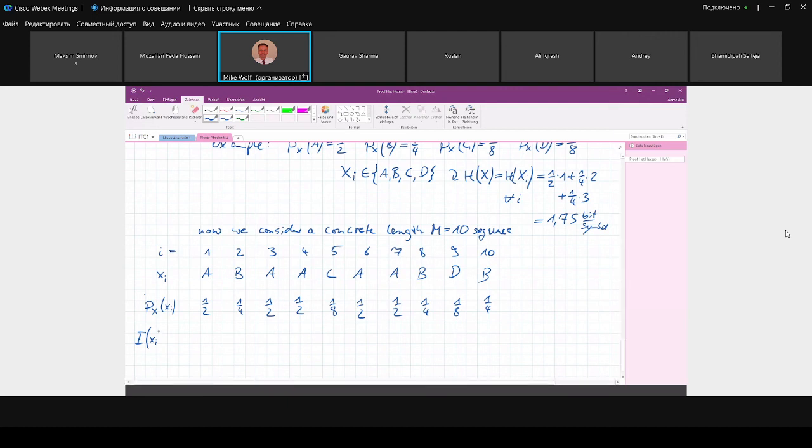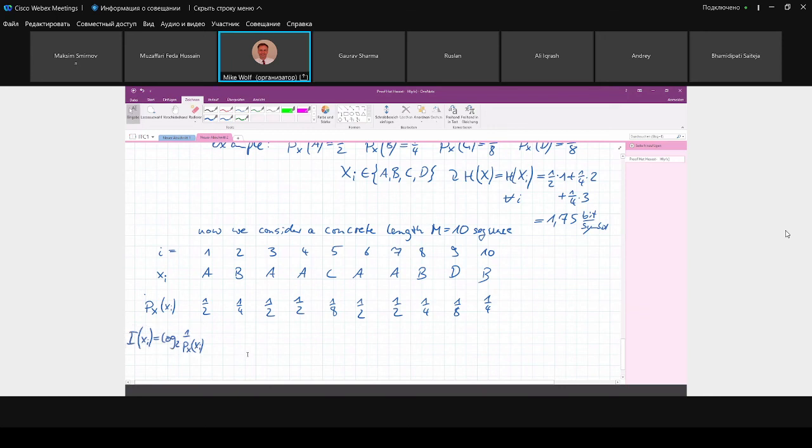So, you know this is log 2. Let's say I write this in order to skip the minus sign, P_X(x_i). There's not enough place, so I can move this a little bit to the left.